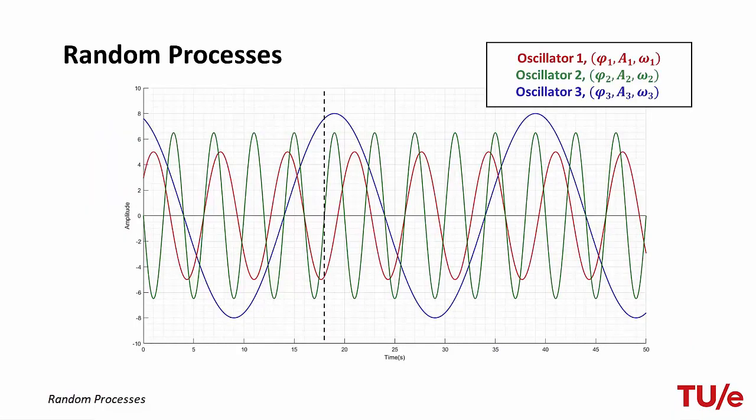Consider another example concerning the measurement of a sine wave from a reference oscillator. We have a sine wave where the amplitude, frequency and phase of the sine wave are unknown but modeled by a probability distribution. An experiment consists of choosing an oscillator and measuring it, where each measurement is an observation.